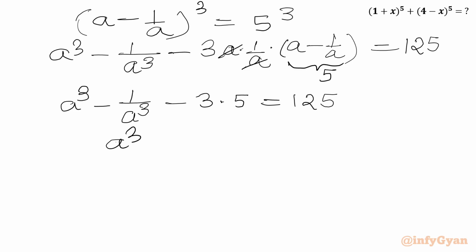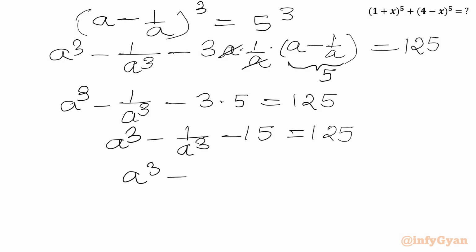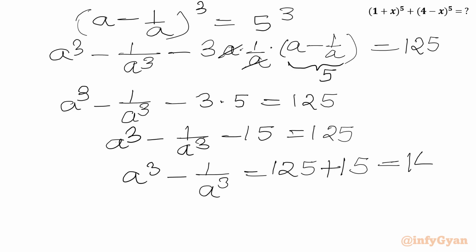Now I can write A³ - 1/A³ - 15 equal to 125. Add 15 to both sides. We will get A³ - 1/A³ value will be equal to 125 + 15, which is 140.